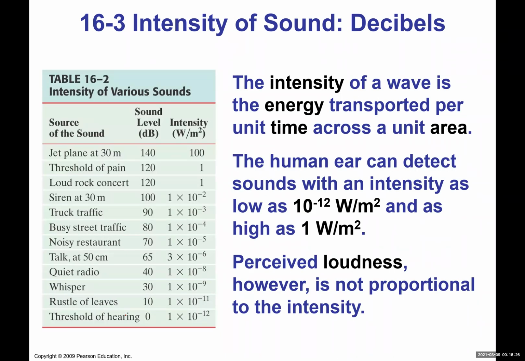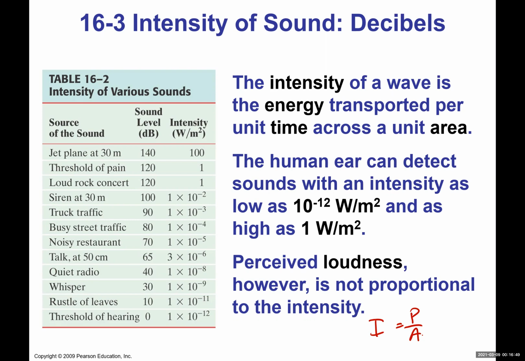Another thing we have, as I mentioned: when you talk about the loudness of sound, we can represent it in technically two different ways. We can talk about it in terms of the intensity of a wave, which we already have looked at. Intensity, if you remember, is power per area.